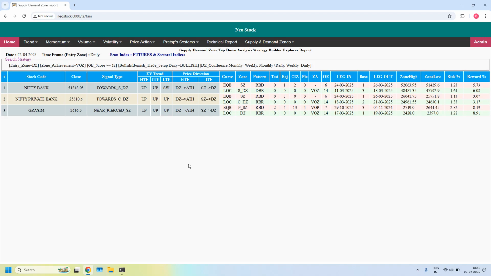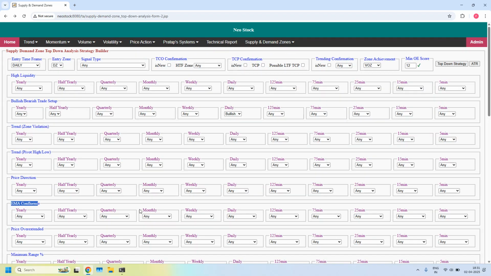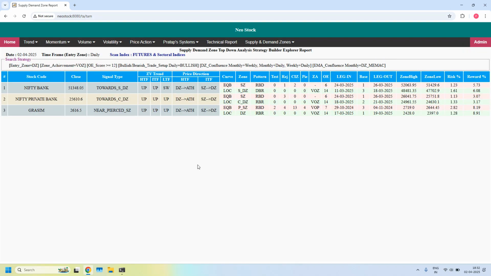So let us filter. In the EMA monthly time frame, I am selecting monthly demand zone having monthly EMA confluence. Anyway, monthly trend is up. Let's filter. We got all the 3 stocks. So all the 3 stocks are having more probability to get success.